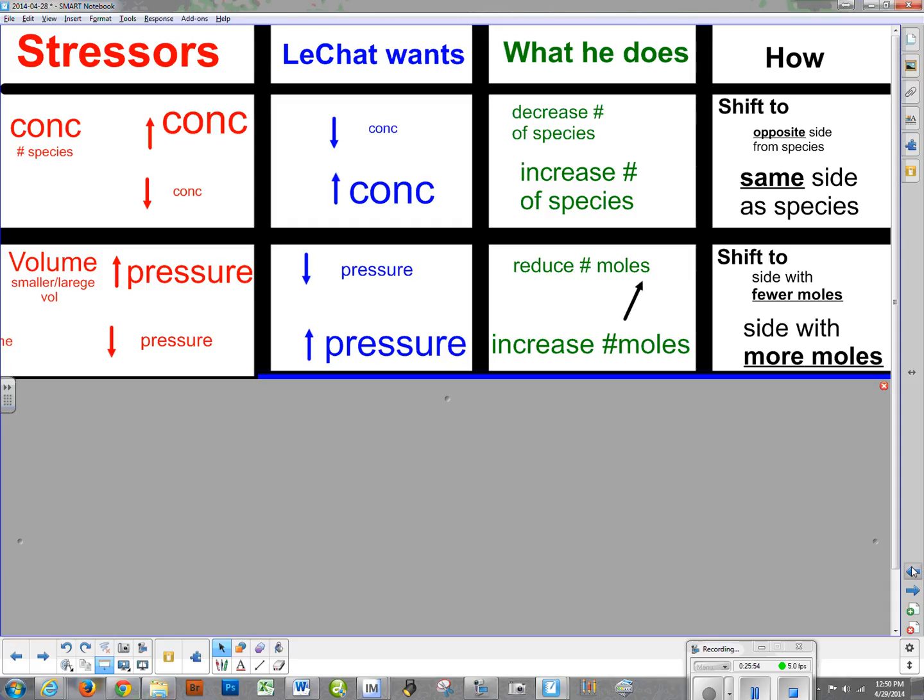Less pressure is more volume, and more pressure is less volume. So you might want to add that to your notes as you copy this line. Copy the line while you stop the recording, and then come back.